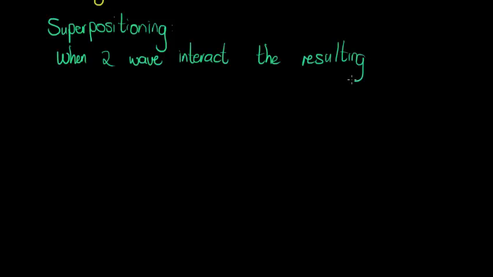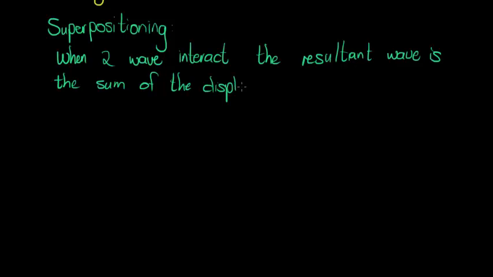The principle of superpositioning is that when two waves interact, the resultant wave, in other words, what happens to all of the particles as a result, is the sum of the displacement of the two separate waves.